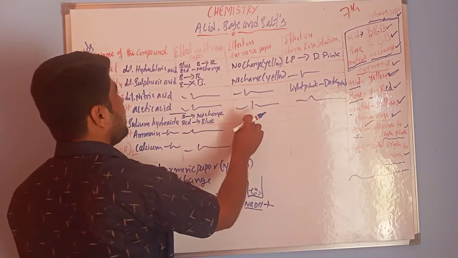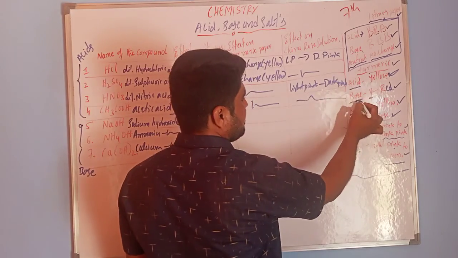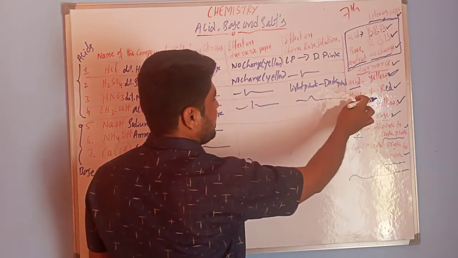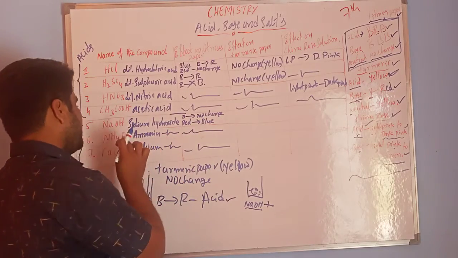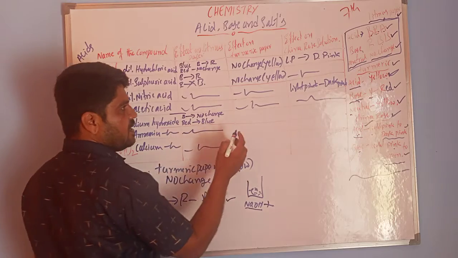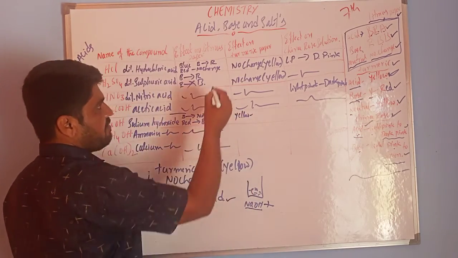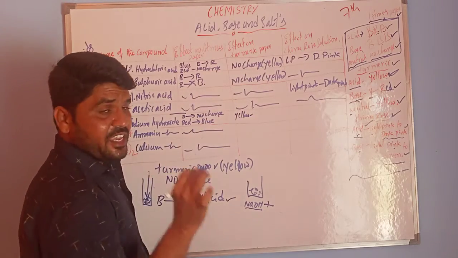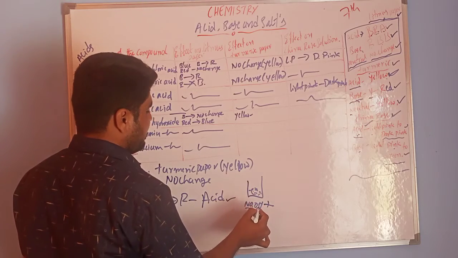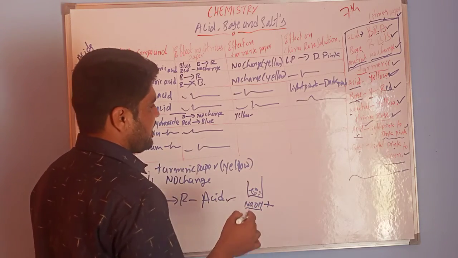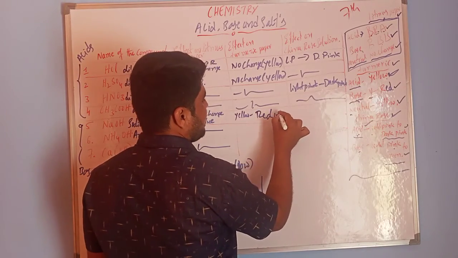Next is the effect on turmeric paper. Turmeric paper with bases: yellow to red. Generally NaOH, NH4OH, calcium hydroxide are bases. Turmeric paper is yellow in color. If dipped in basic solutions, NaOH, KOH, NH4OH, calcium hydroxide, this yellow color changes into red color.